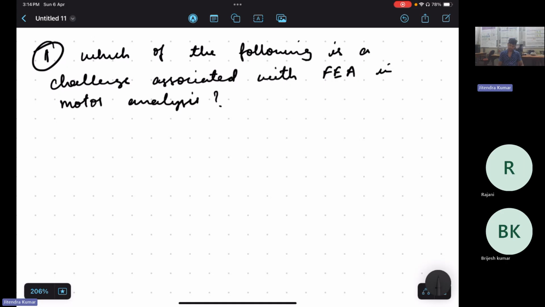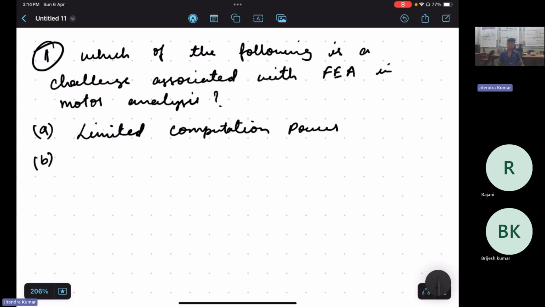Option A, lack of or limited computational power is one challenge.